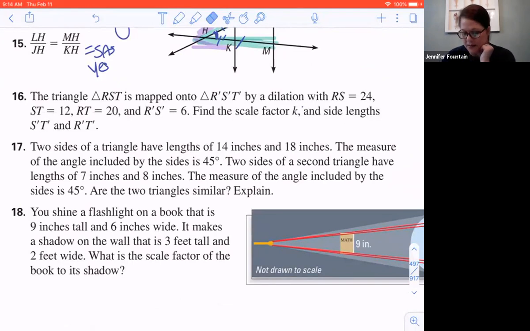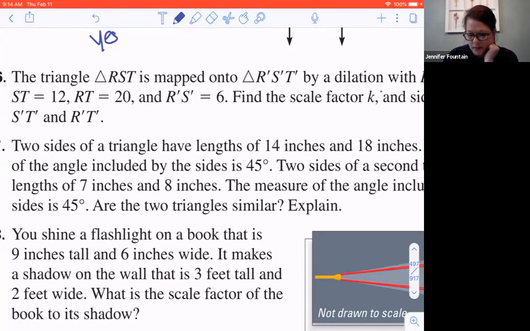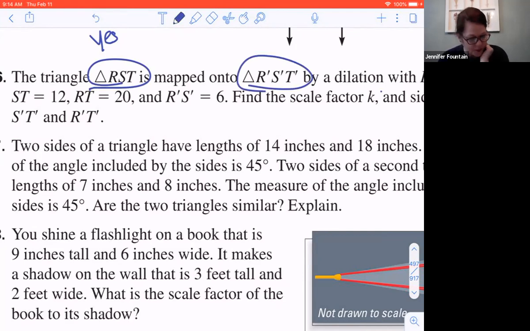Okay, so let's think about this. I'm given my pre-image, and here is my image. Remember when I have a pre-image and an image, we've talked about how to find my scale factor.